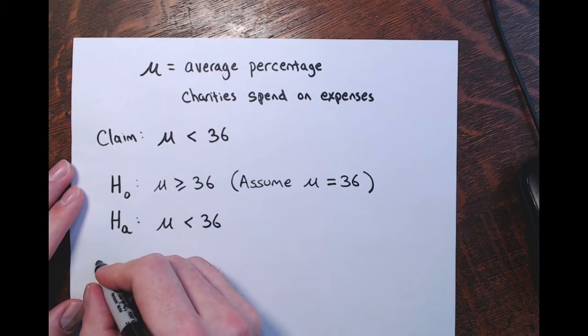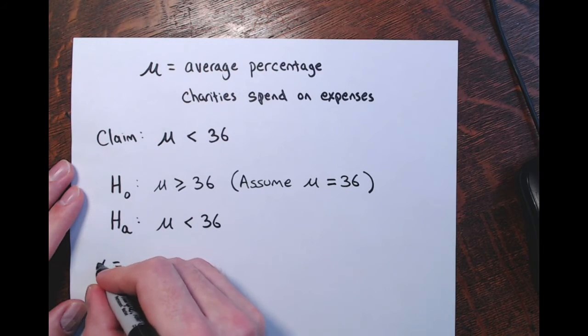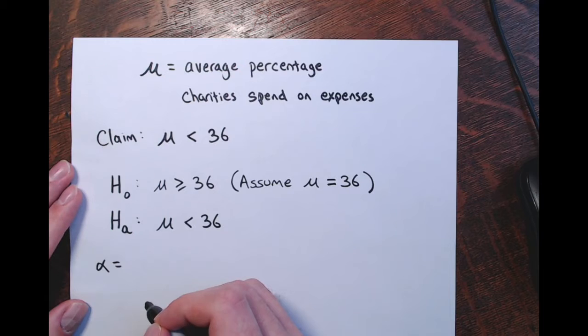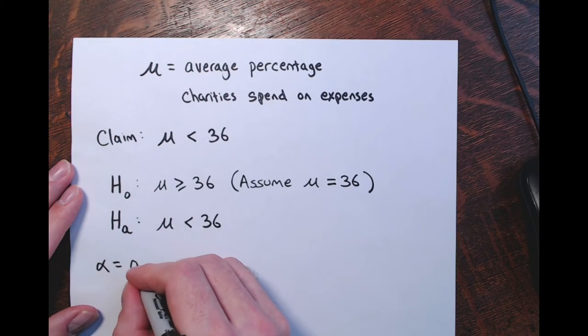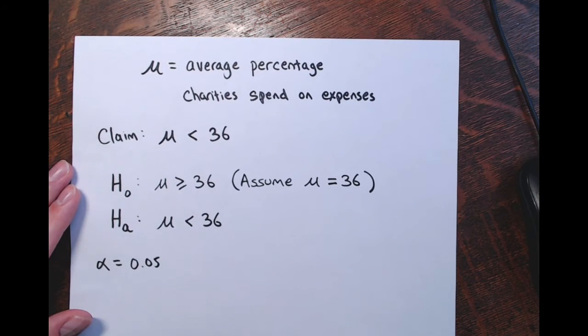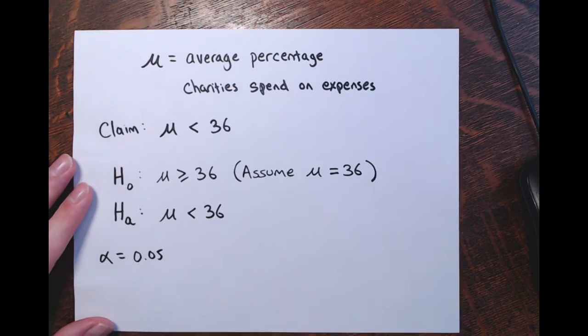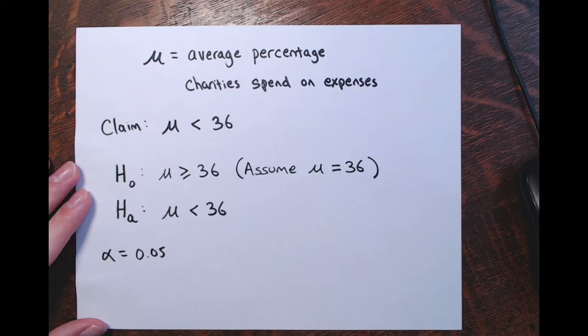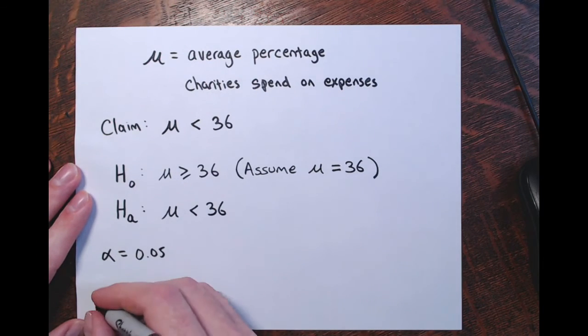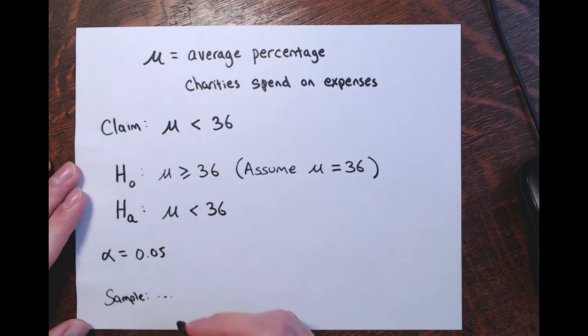Then the significance level alpha. They didn't mention an alpha here, so usually if alpha is not mentioned, you can reasonably use a 5% significance level in most tests. And then we have a sample. I'm just going to stop here.